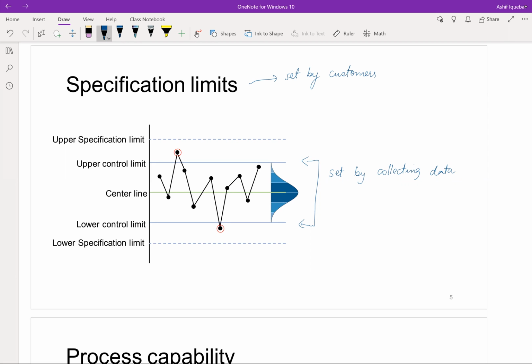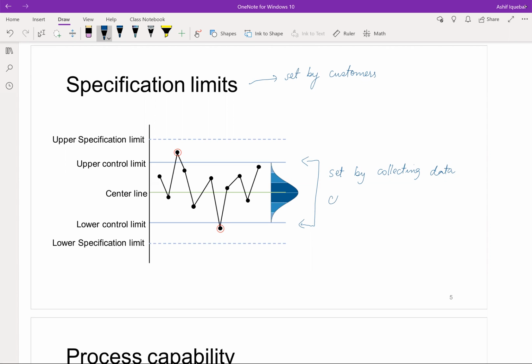Now, there's one more distinction between specification limits and control limits. Control limits are constructed from data, so they always track the process. By looking at a control chart, you can tell if the process is in control or out of control, right?